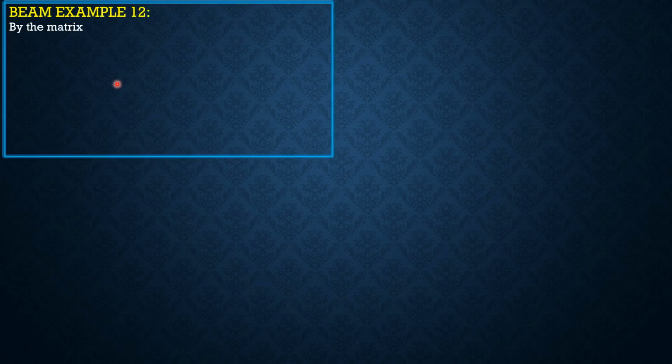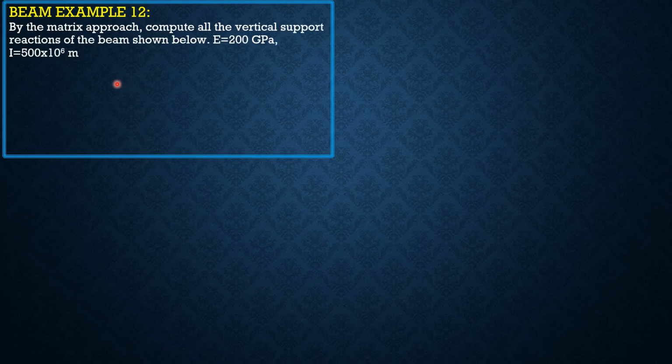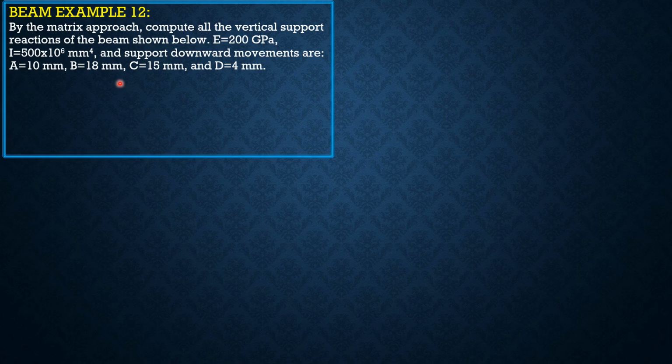This is beam example 12, and I presented the solution by the matrix approach. Since high-tech calculators that are capable of solving four simultaneous linear equations are allowed in the Philippine Civil Engineer Licensure Board exams, that's why I presented this problem with four simultaneous equations.